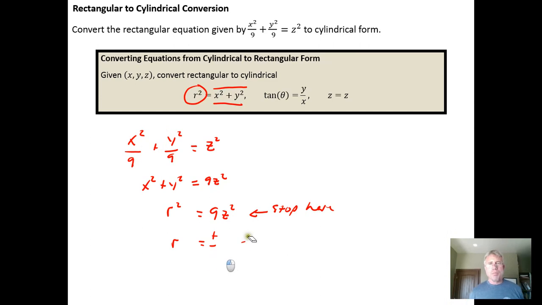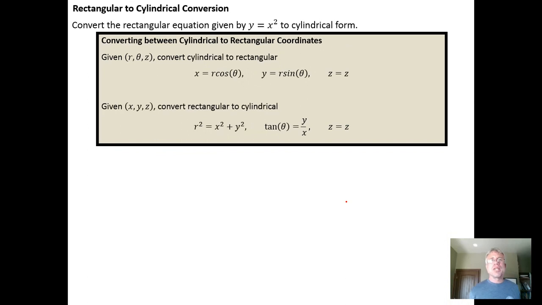So that would be an argument that would need to be made if we were going to simplify that further and not have a plus or minus in front of it. In this case, though, I think stopping here is all right, although solving for r is typically what you're trying to do. So here's another one, y equals x squared.